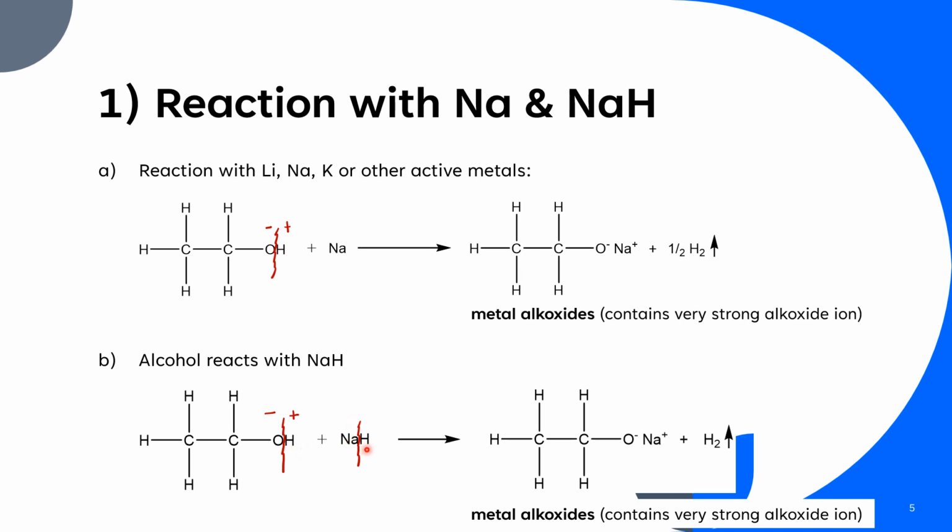So this 2H akan keluar sebagai hydrogen gas. Since here dia ada dua hydrogen atom, combine becoming satu hydrogen molecule. And for this product akan masih terbentuk dalam bentuk O minus Na plus iaitu metal alkoxide, di mana kumpulan ini yang kita kenali sebagai strong alkoxide ion.